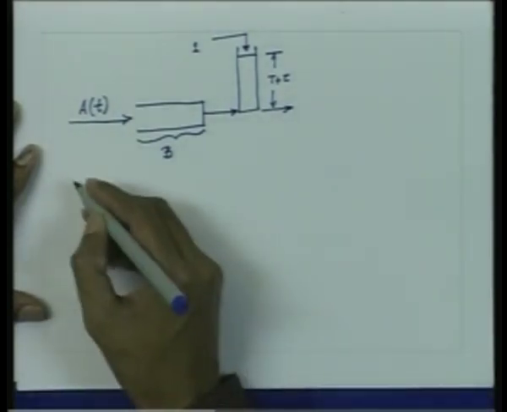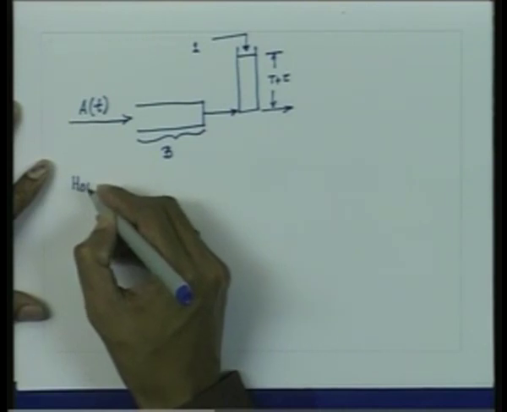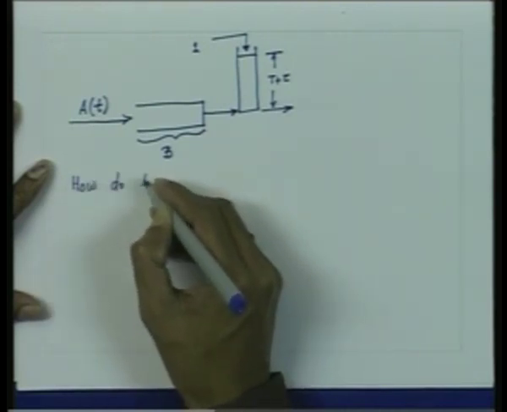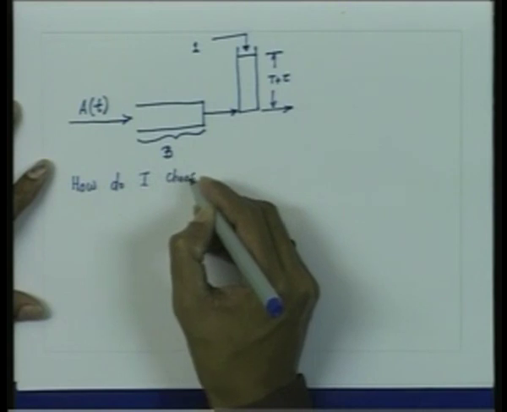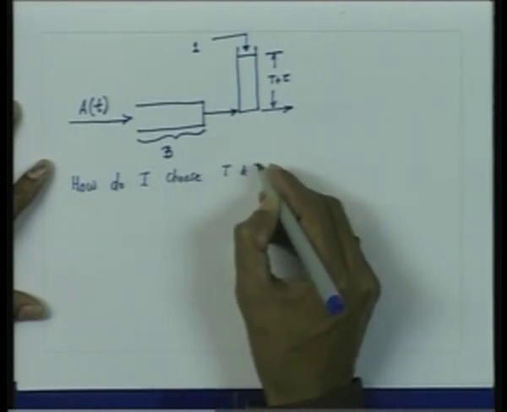Now, our question is how do I choose the values of T and tau.